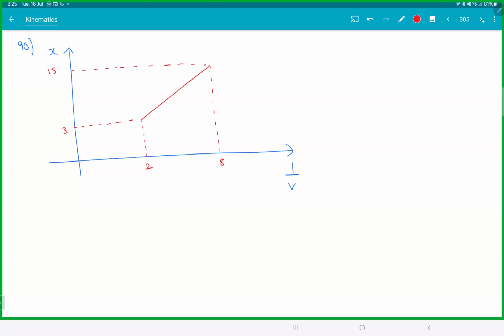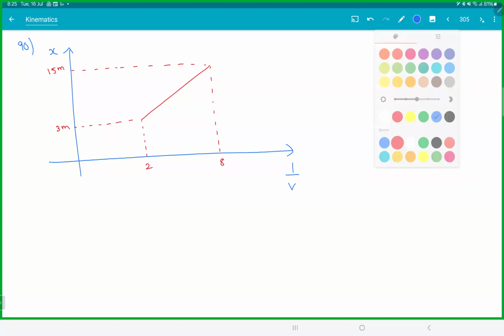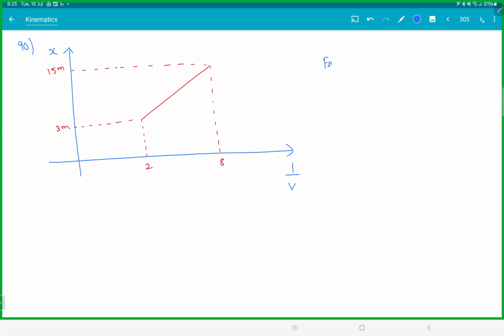This is 15. Find the time taken to go from x is equal to 3 to x is equal to 15 meters.